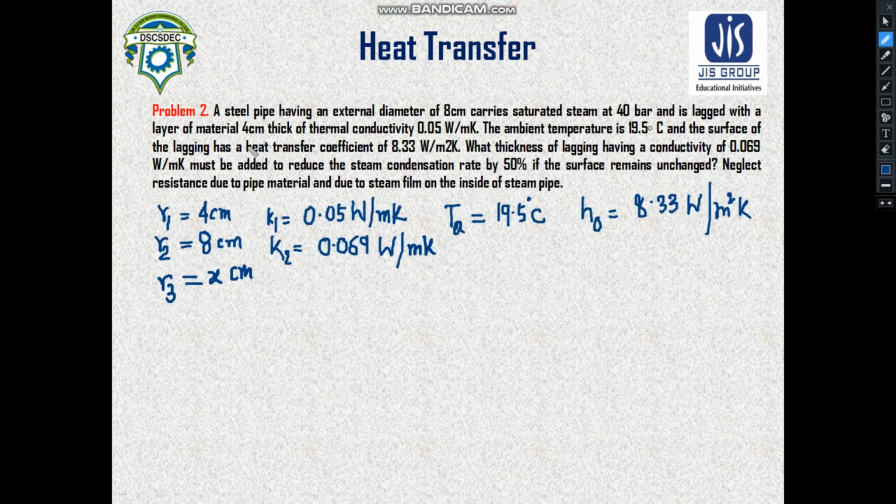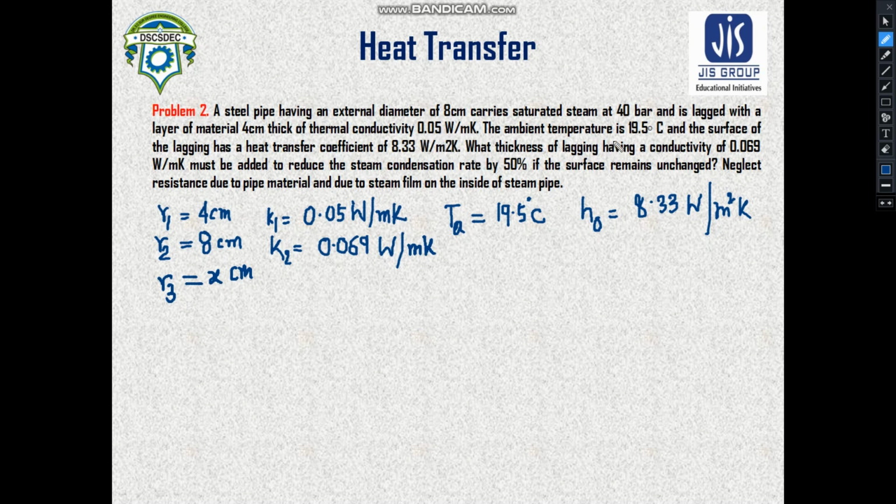So here you can see that a steel pipe having an external diameter of 8 centimeter carries saturated steam at 40 bar and is lagged with a layer of material 4 centimeter thick of thermal conductivity 0.05 watt per meter Kelvin.